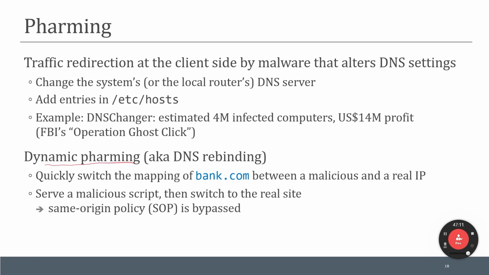This allows one to quickly switch the mapping of the legitimate domain between a malicious and a real IP. This dynamic farming technique is also known as DNS rebinding, and this can be served with a malicious script and then switch to the real site. And the same origin policy can be bypassed with this technique. We'll get to the same origin policy in web security as well.